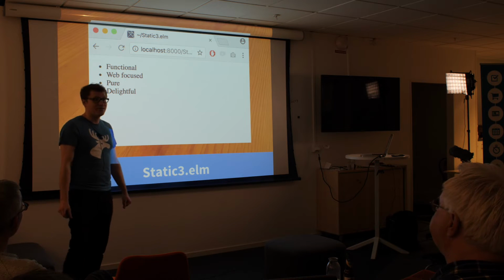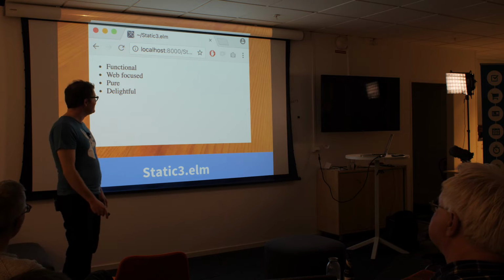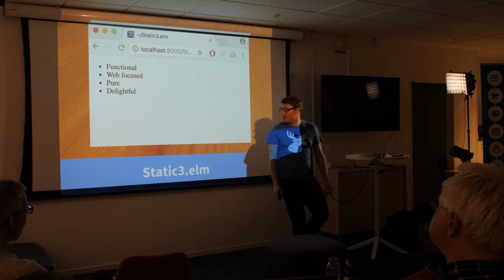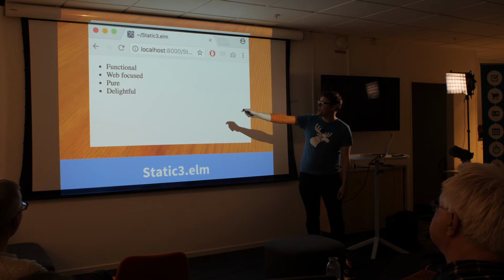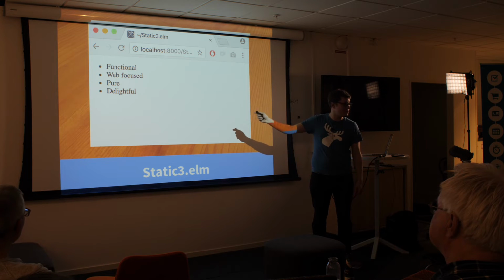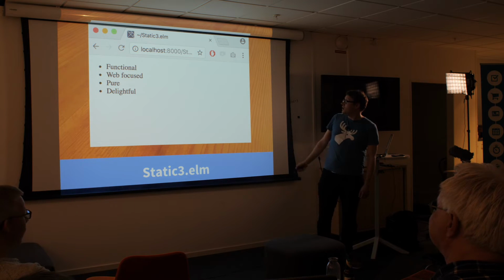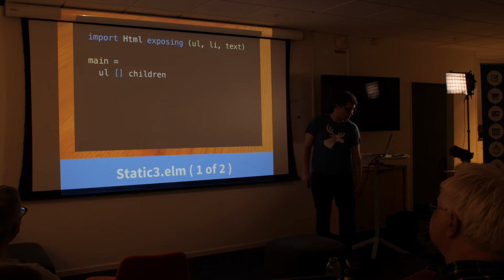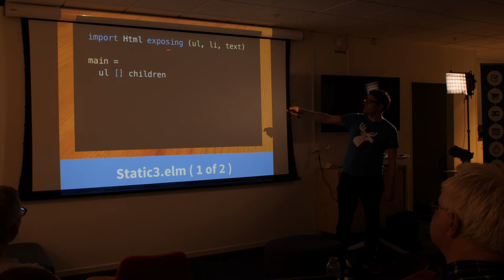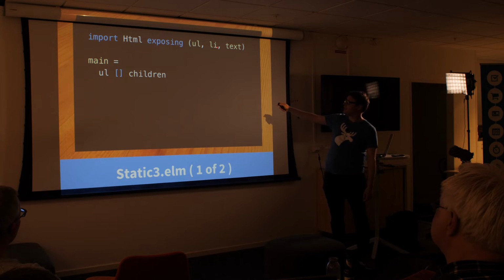Here is a slightly more advanced example. It's an unordered list with 4 characteristics of Elm: functional, web-based, pure, delightful. Here is the Elm code for this example. So first we're importing the HTML module. In this case we're specifying the functions we're exposing, the ul, li, and text.